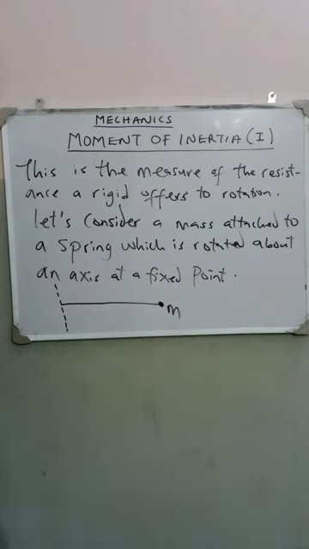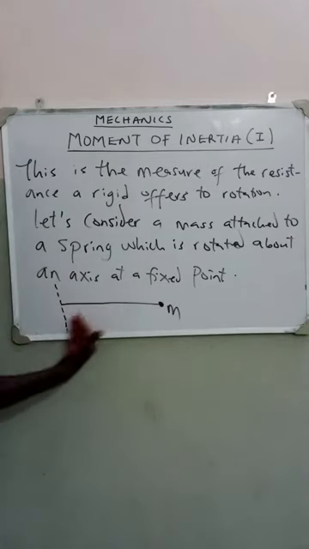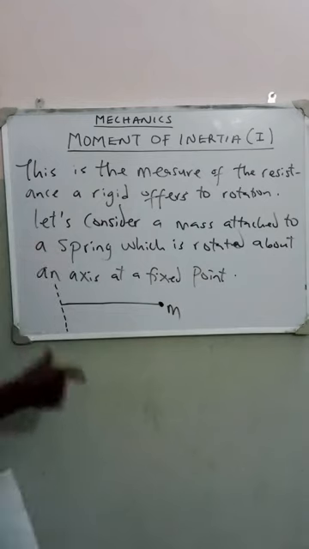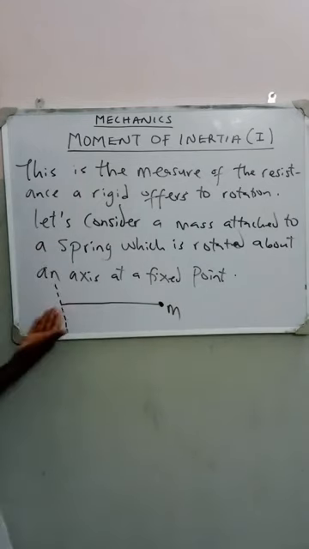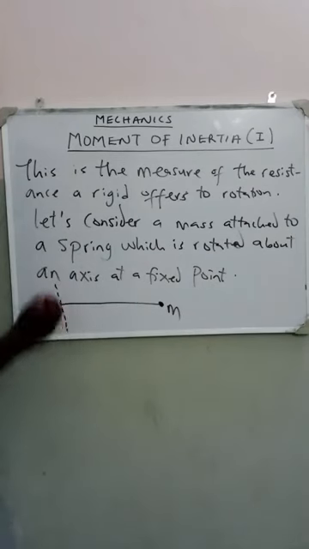They must always tell us the axis of rotation, either it is rotated at the end point, or maybe at the middle. But in this case, we are considering a mass that is attached to a spring or a rope and is rotated about an axis at the fixed point. So this shows the axis of rotation.